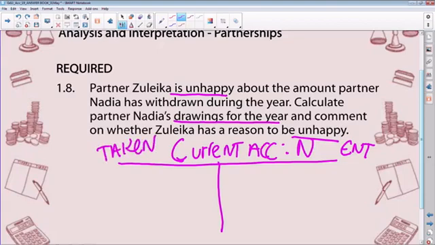For example, I could be entitled to 1,000 Rand and I've taken 900 Rand. In that case, I haven't taken everything that I'm entitled to, so in a way, that's a good situation to be in.